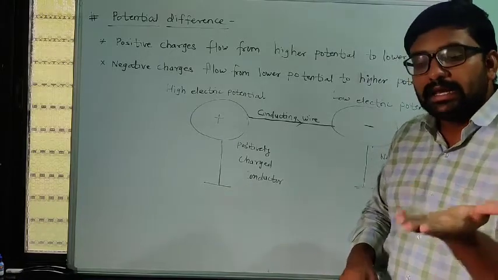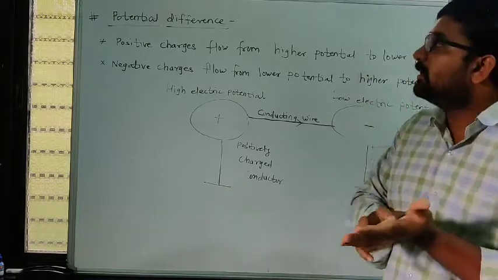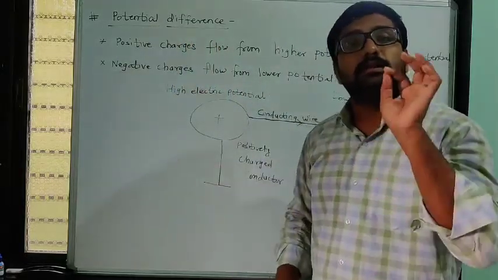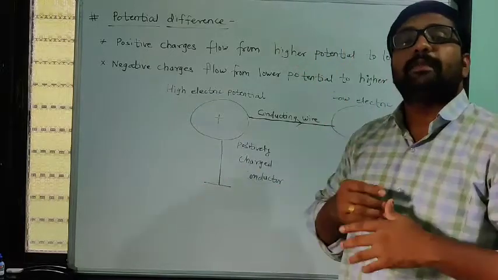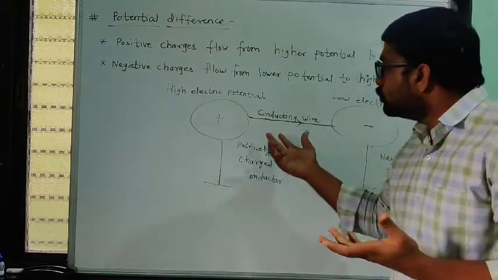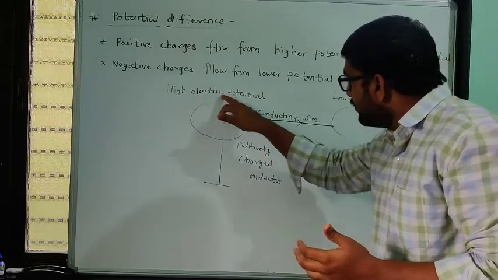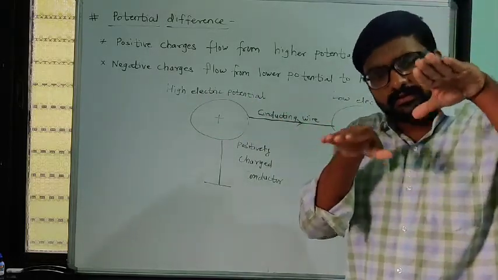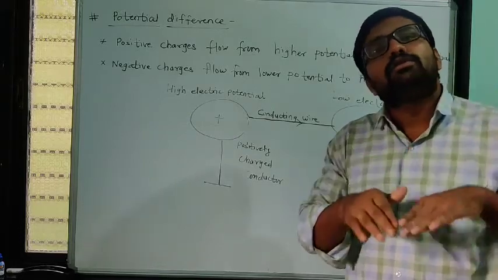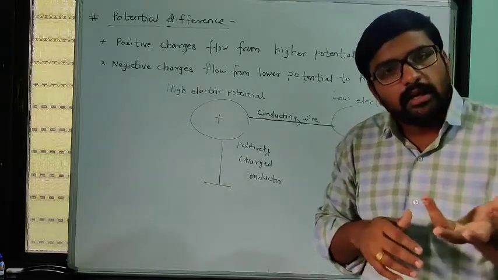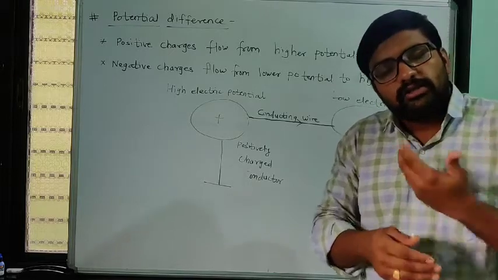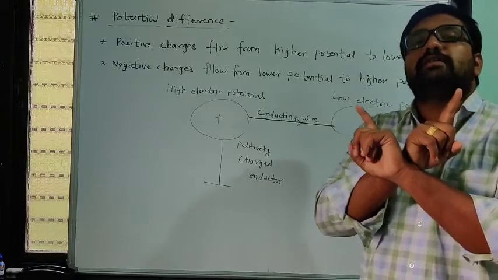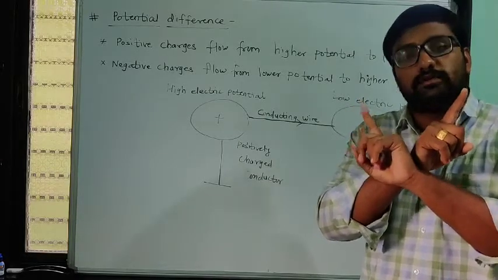So electrical cells are nothing but a means to create potential difference in a particular circuit. Then and there it can run, because for the motion of charges this electric potential difference is important. If a potential difference is there, then motion of charges is possible. If the electric potential difference is not present, motion of charges is not possible.